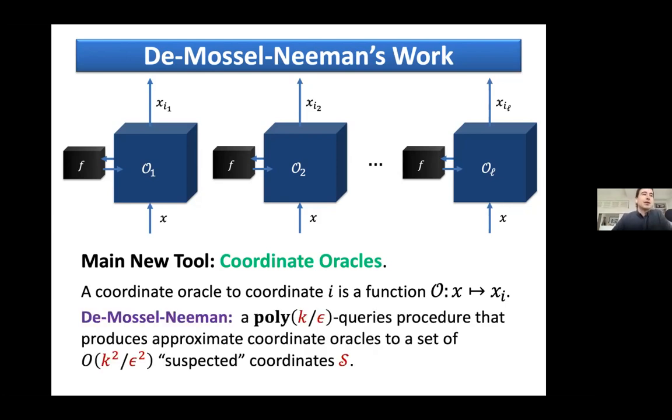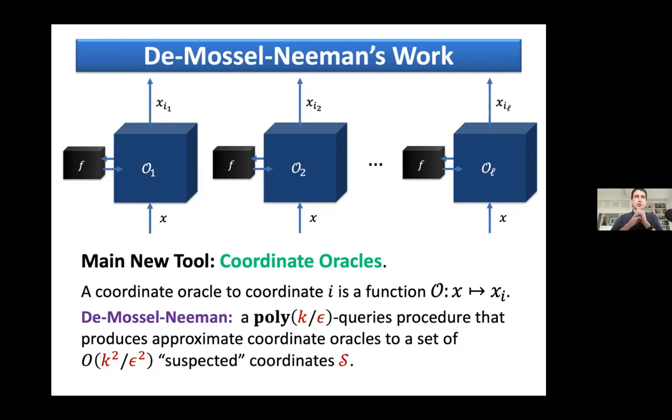The idea of DMN is that they give a procedure that makes a polynomial in k over epsilon many queries and produces approximate coordinate oracles to a set of poly k over epsilon many coordinates that are suspects. These are the coordinates for which we think the variables of the junta sit within this set of coordinates.